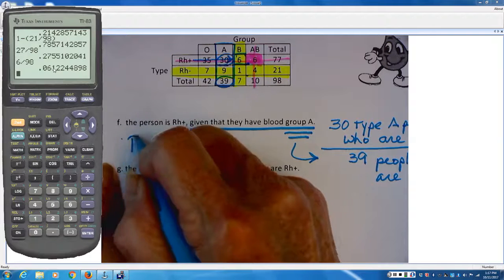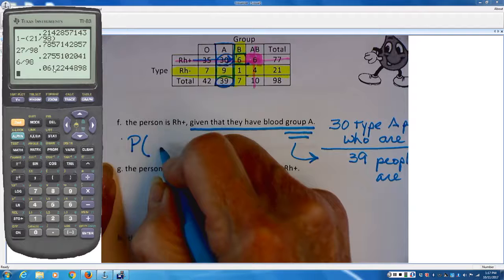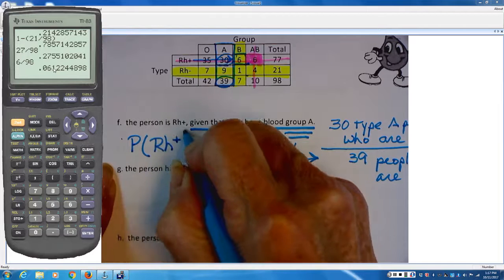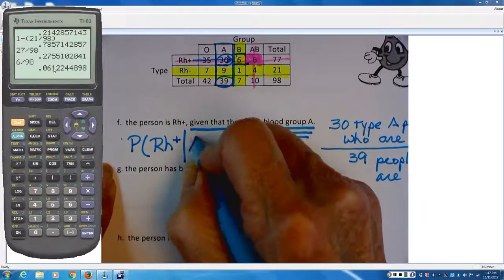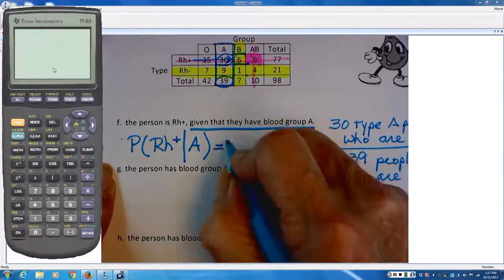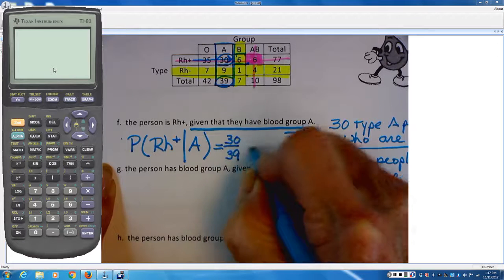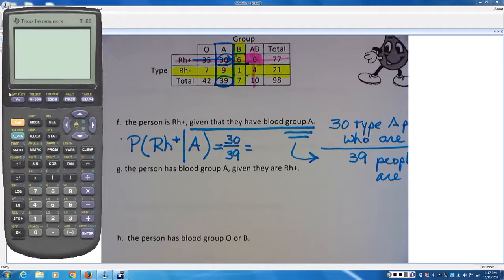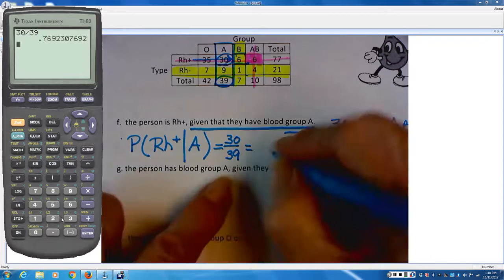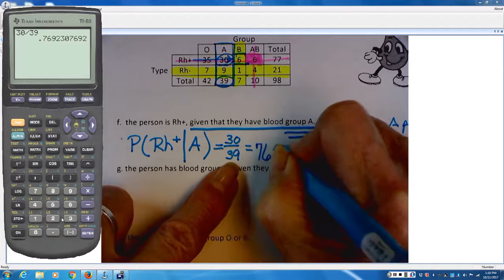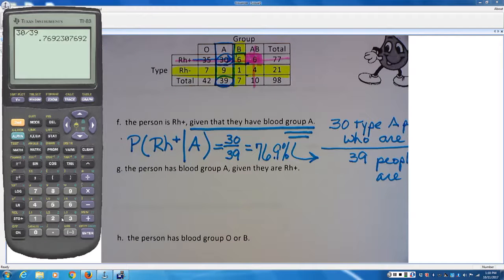So the probability that a person is Rh positive, given that their blood group is A, is 30 over 39, which is a pretty high probability, but we want to be a little more specific than that. So that's 76.9%. Which makes those kind of people fairly likely to occur.